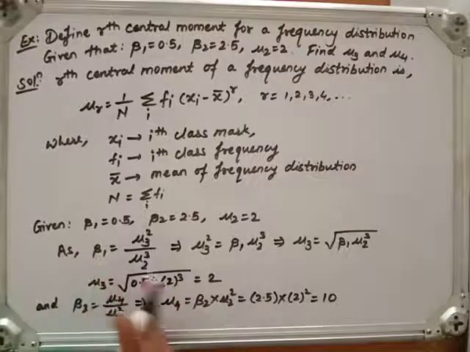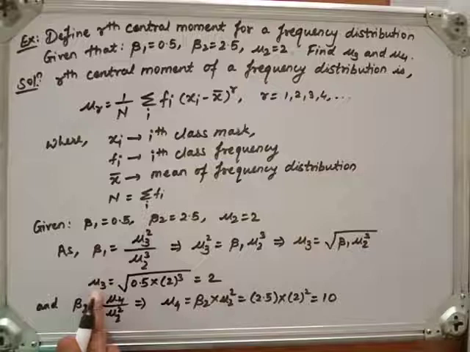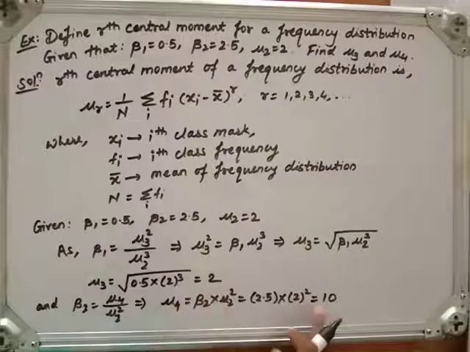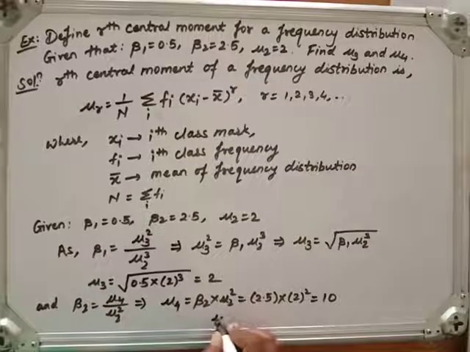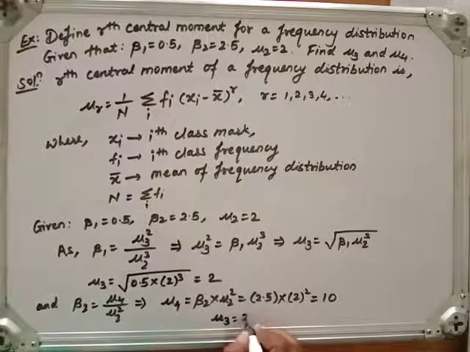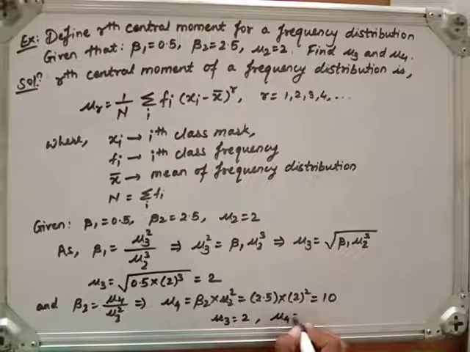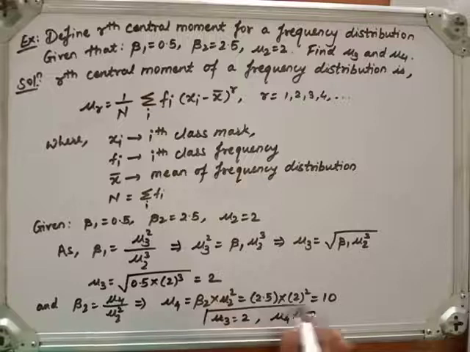So from beta 1 and beta 2 we find mu 3 is 2 and mu 4 is 10. This is our answer here.